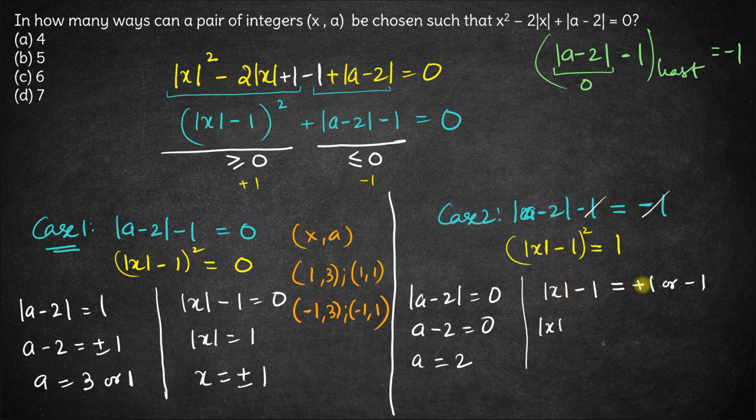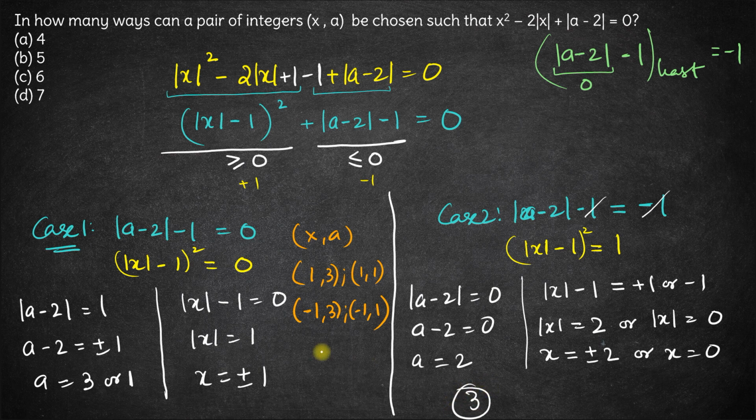So if mod of x minus 1 is plus 1, mod of x will be 2. Or if mod of x minus 1 is minus 1, mod of x will be 0. So from here, mod of x is 2 gives x equal to plus minus 2, or if mod of x is 0, x is 0. So we have 3 possible values of x and 1 possible value of a, giving 3 combinations.